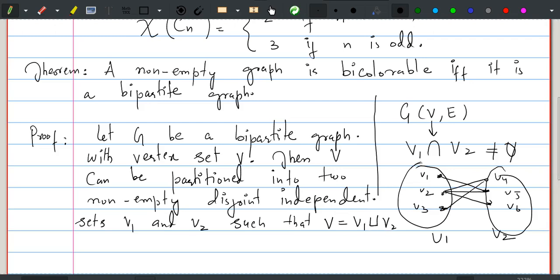Now by this square cup I mean the disjoint union. This is a symbol that we use when their intersection is empty. So this is the disjoint union.